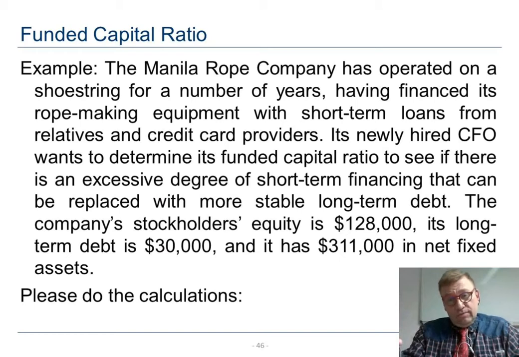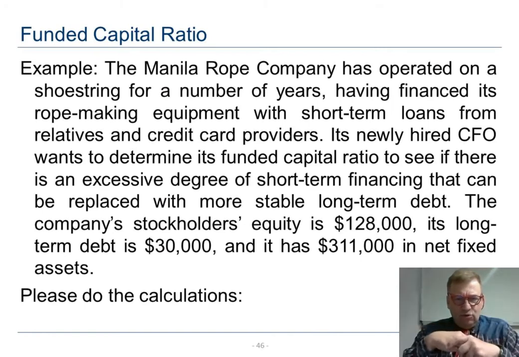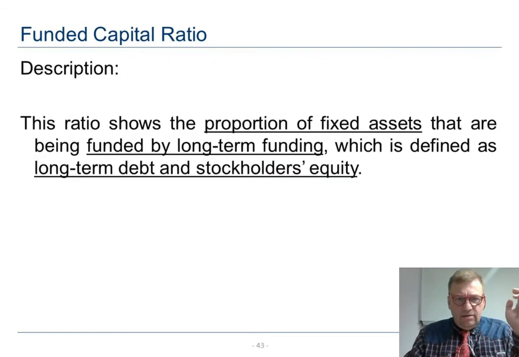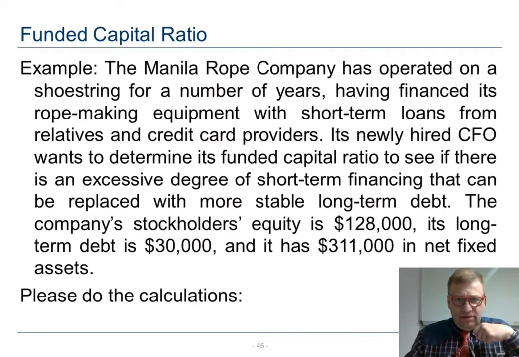Then there is a new chief financial officer, and he wants to find out how this capital for fixed assets is financed by short-term financing. So we calculate stockholders' equity plus long-term debt over fixed assets, the funded capital ratio. We find it with these figures.